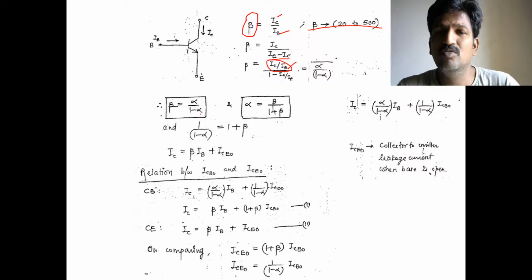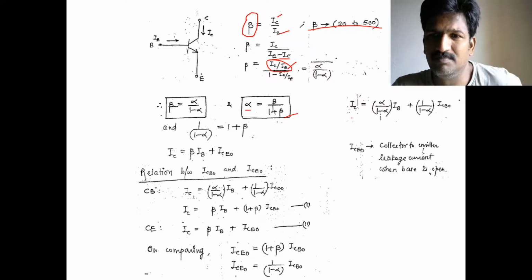Then beta is equal to alpha divided by 1 minus alpha. You can also write alpha in terms of beta: alpha is equal to beta divided by 1 plus beta. You just cross multiply to get the relationship.